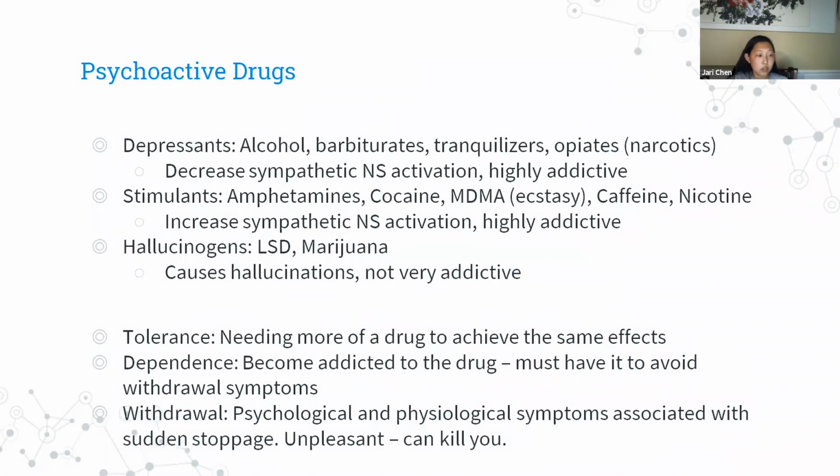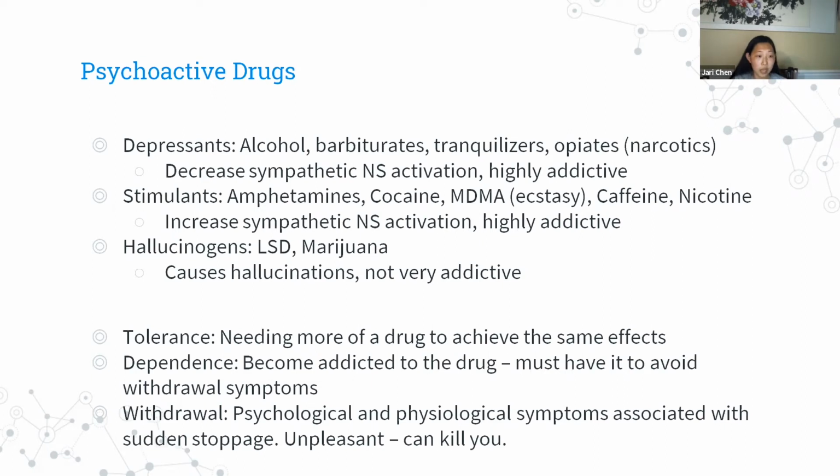So there are also psychoactive drugs. If you take a health class, you'll learn about depressants and stimulants. Depressants are just decreasing your sympathetic nervous system. They slow down your brain basically, and make you have slower reaction times and stuff like that.